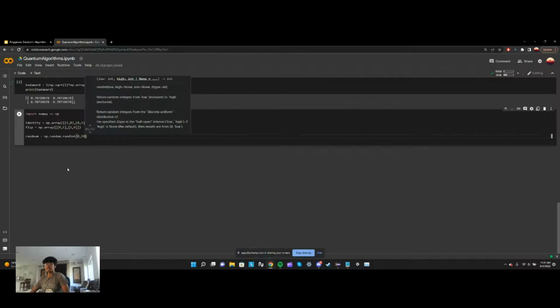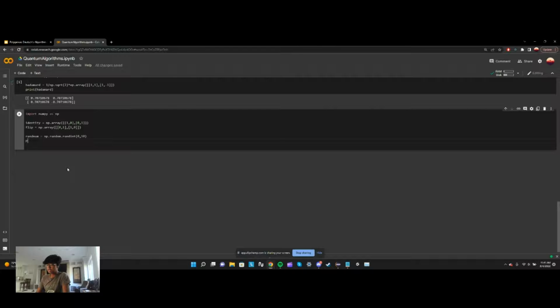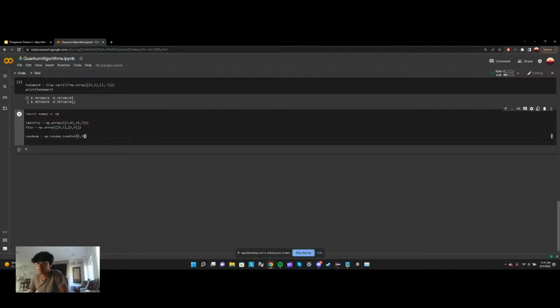This function takes a random number between these two integers. So if we just print random number, we would get something like 5, or if we run this again, we'd get something like 3, something between 0 and 10. In this case, since we have our 2 qubits, we're just going to have 2.